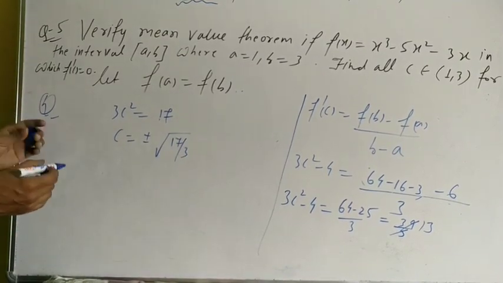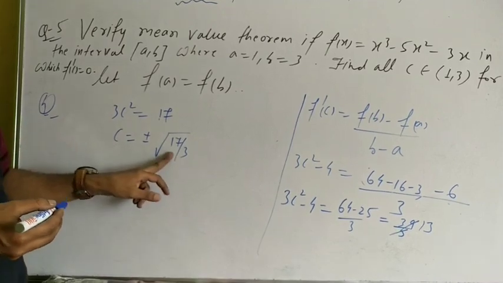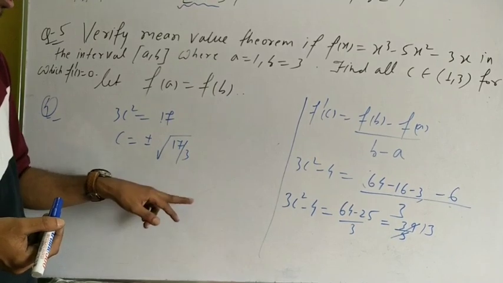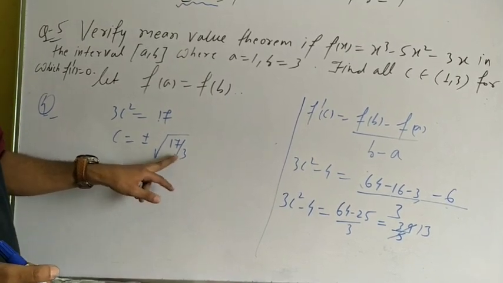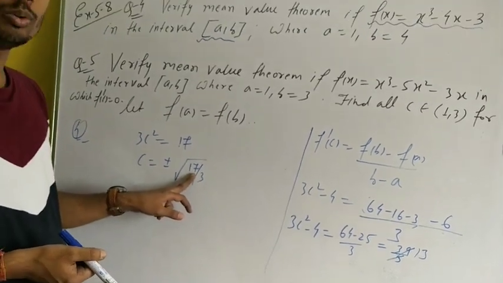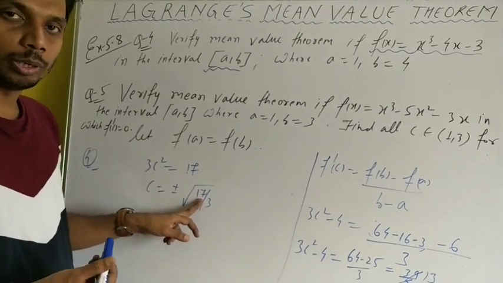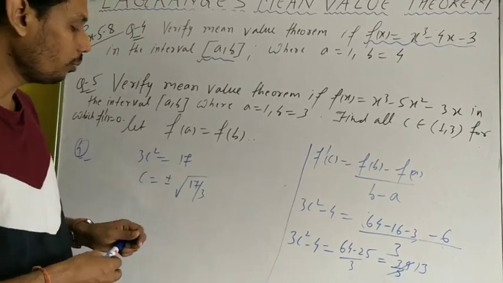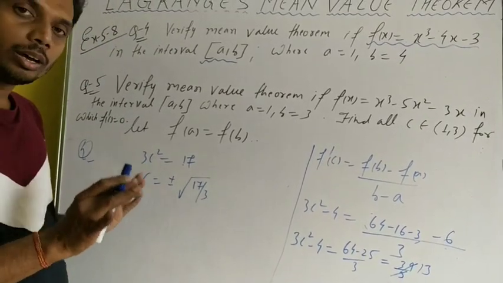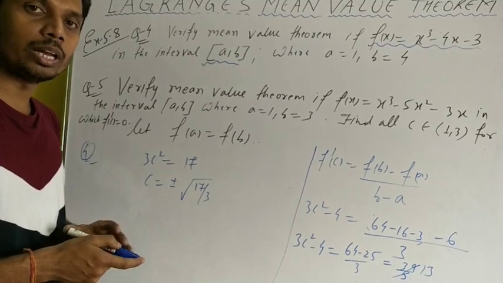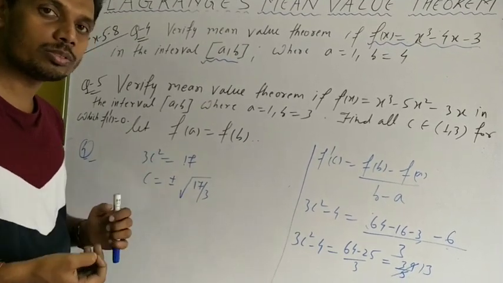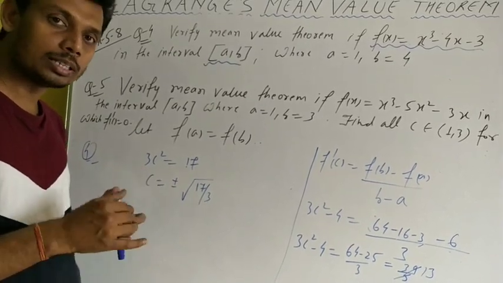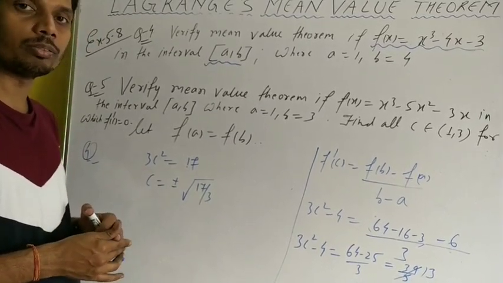Now root over 17 by 3, its value will be equal to what? If we divide this, 17 by 3 is 5 point something. If we determine the root of 5 point something, it will be 2 point something. As per the condition of Lagrange's mean value theorem, at least one value of c should lie in the open interval a comma b such that f dash c is equal to f b minus f a by b minus a.